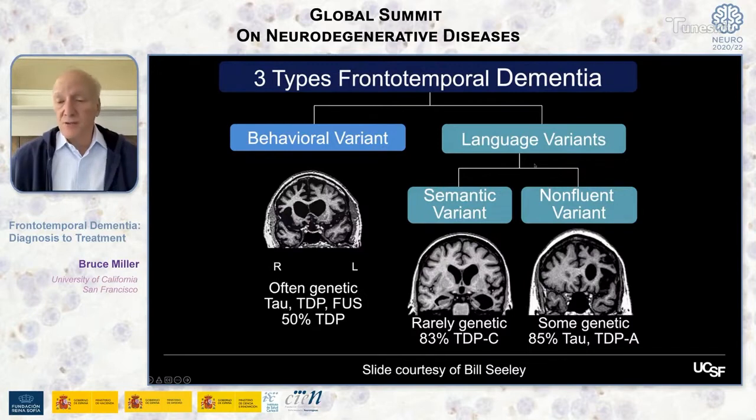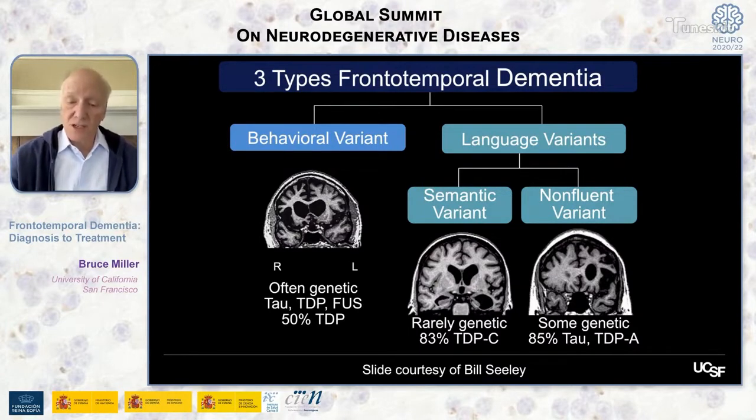The language variants, which almost by definition affect the left side of the brain more than the right, have two different clinical and imaging syndromes. The semantic variant, which affects the anterior temporal lobe, and the amygdala, which you can see here is absent in this image, is very focal.